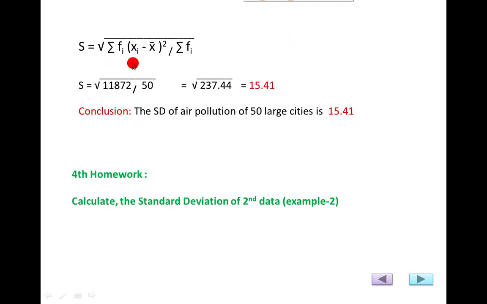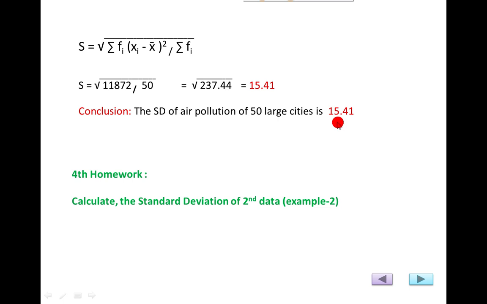So you can observe from this, substitute here 11872 divided by 50, you will obtain 237.44, the square root is 15.41. The conclusion will be the standard deviation, same as for mean, median, mode. Write the conclusion here: the standard deviation of air pollution of 50 large cities is 15.41.